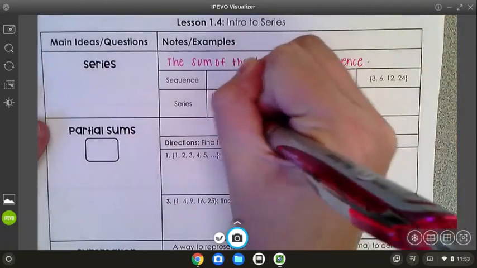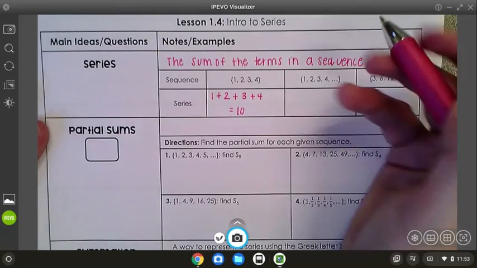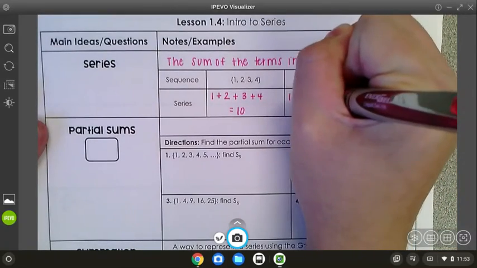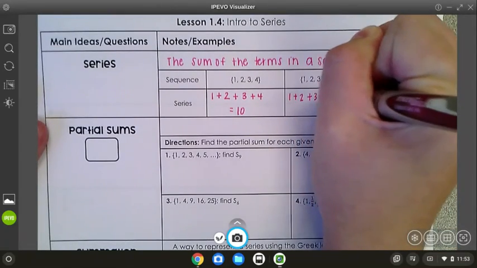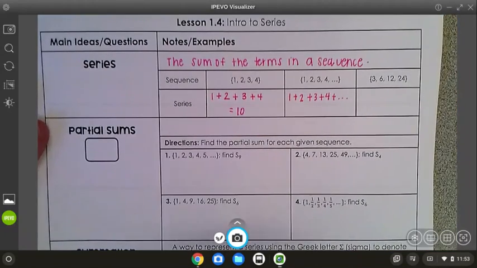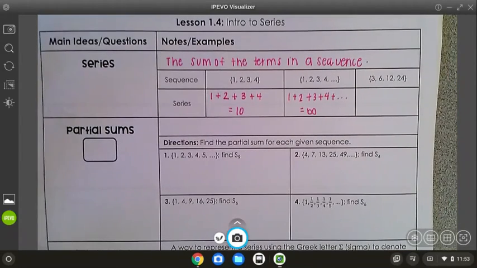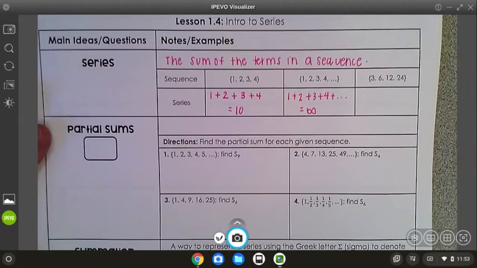That's 10. An infinite sequence will be like 1 plus 2 plus 3 plus 4 plus every number after that, which you really can't do. It's just going to be infinity. You would add forever. Numbers go on forever.